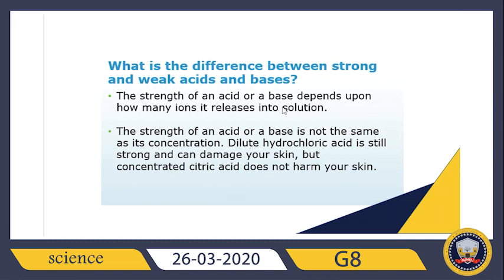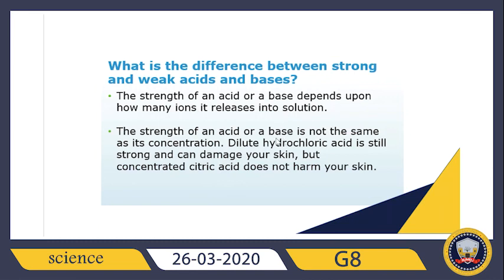So the strength of an acid or a base is not the same as its concentration. There is no relation between the concentration of the acid and the strength of this acid or base. So dilute hydrochloric acid, for example, is still strong and can damage your skin, but concentrated citric acid doesn't harm your skin. So why?